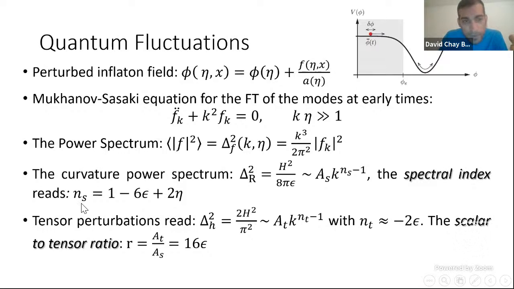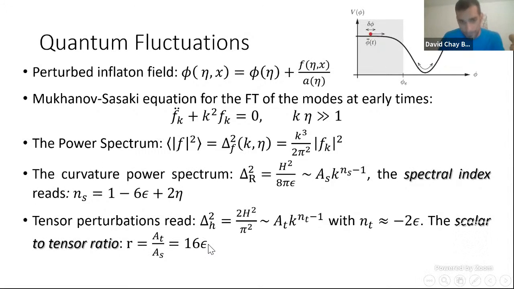One quantity is called the spectral index, NS, and another is called the scalar to tensor ratio, which is the ratio between the amplitude of the tensor perturbation over the scalar perturbations.